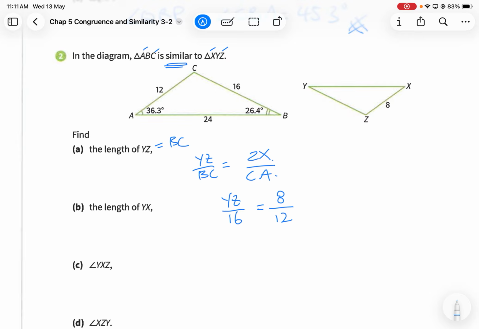They will give me the same ratio, because similar, then the scale factor or the ratio is always the same for every side. So as long as I have the corresponding side, small one over big one, then it must be the same as small one over big one. Okay? Then make YZ the subject.